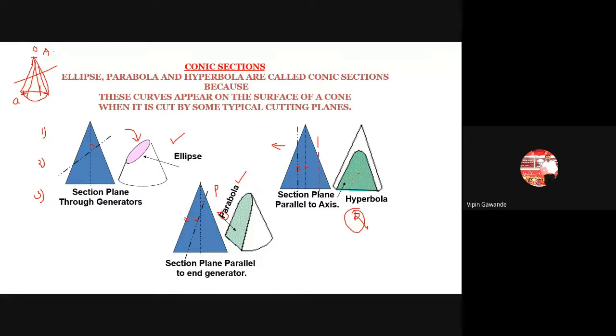So we get the rectangular hyperbola. These three conditions are very, very important. You will definitely get questions on them, 100% you will get questions on this. This is very simple.